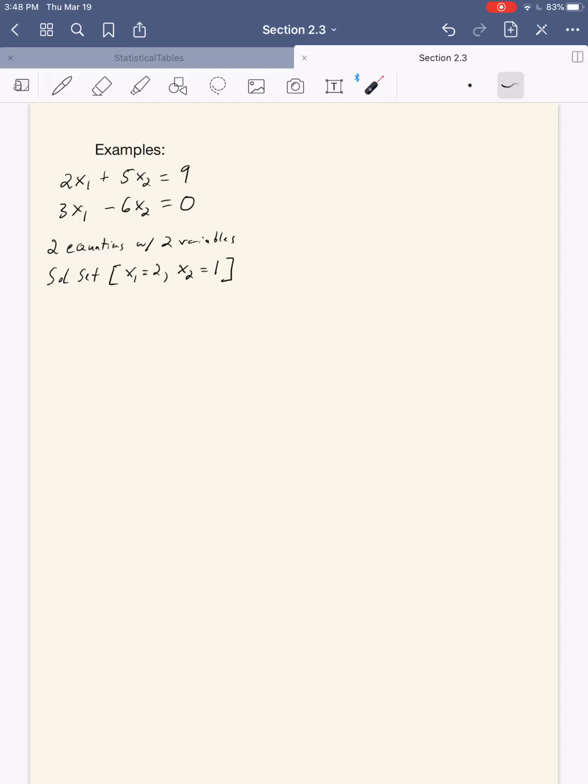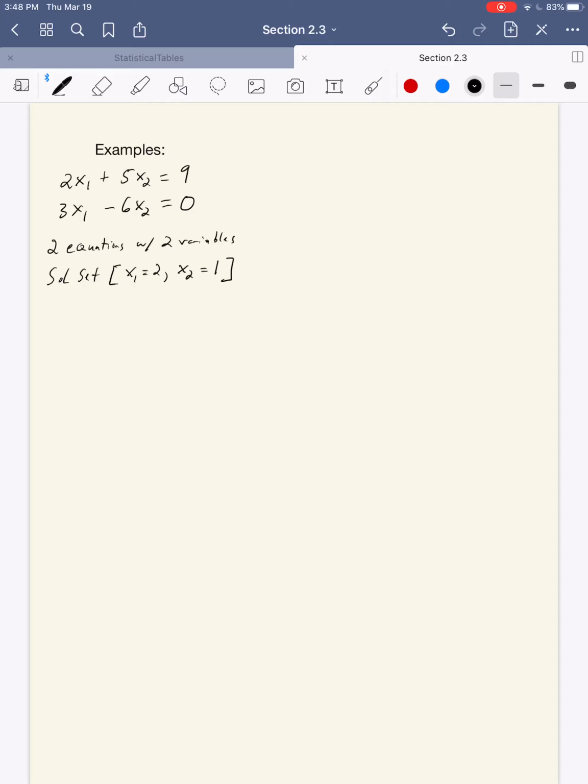Now, in terms of checking if that actually is a solution, that's very quick. You just pop the values in. If you pop x1 equals 2 and x2 equals 1 into this one, you get 4 plus 5, which is 9. Check. If you plug it into this one, you get 6 minus 6, which is 0. Knowing that that is the only solution, well, you'd have to do some algebra to actually check that, but it is indeed the only solution here.